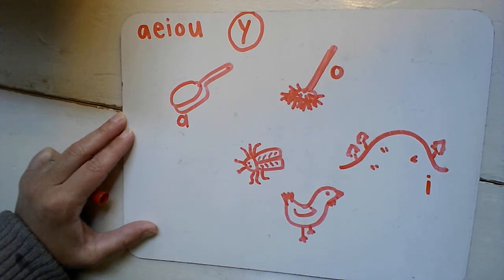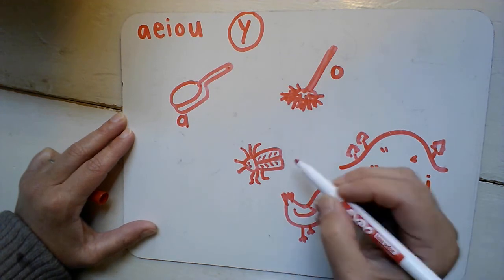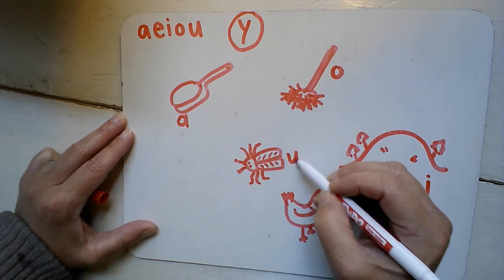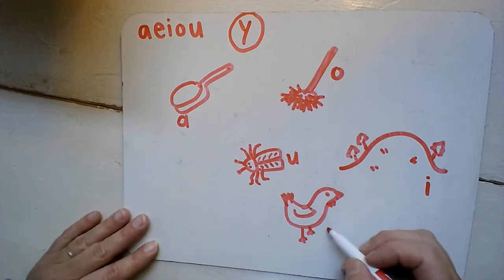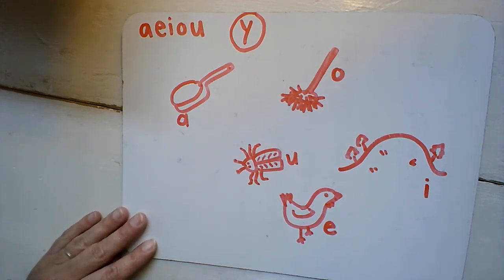B, u, g. See, I'm practicing my stretching out of my words. And hen. H, e, n. Yeah. That's an E.